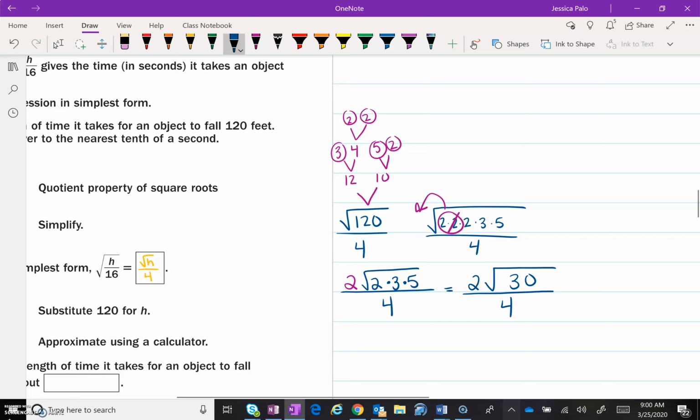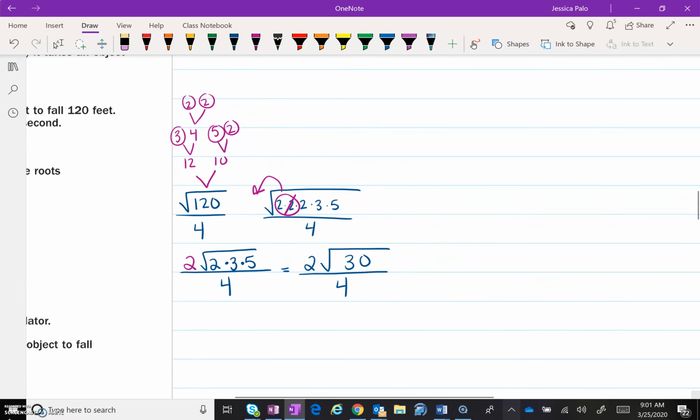Because 2 and radical 30 are being multiplied, because they are factors, that means anything in the denominator can simplify with a coefficient if possible. So in this case, we have 2 and 4.